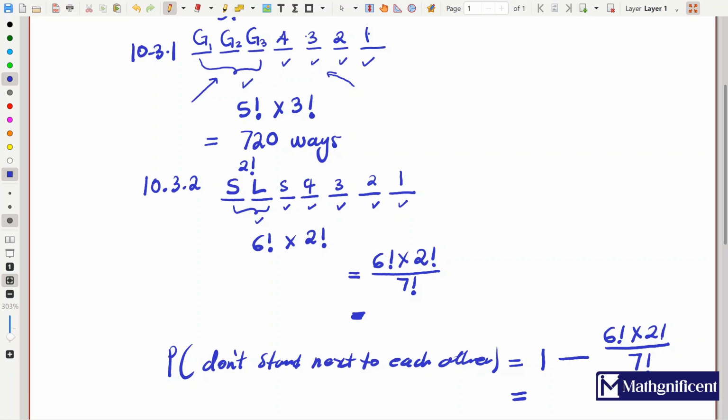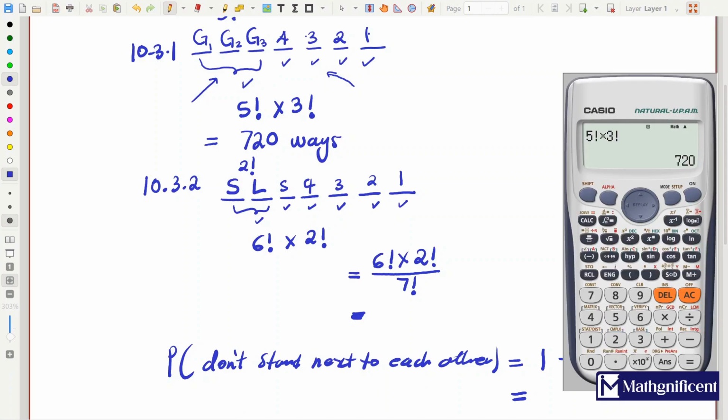So how do I go about this? I just put this into the calculator. So I'm just going to say 1 minus 6 factorial multiplied by 2 factorial, divided by 7 factorial.